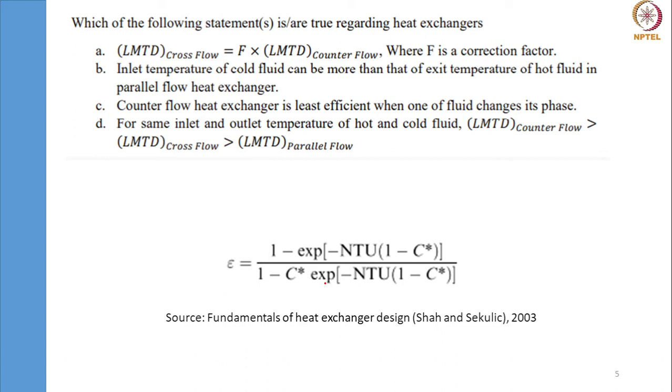LMTD, as we know, is logarithmic mean temperature difference. For heat exchangers, the LMTD method is one of the most significant methods to size or rate heat exchangers, which we are going to learn in our next video sessions.